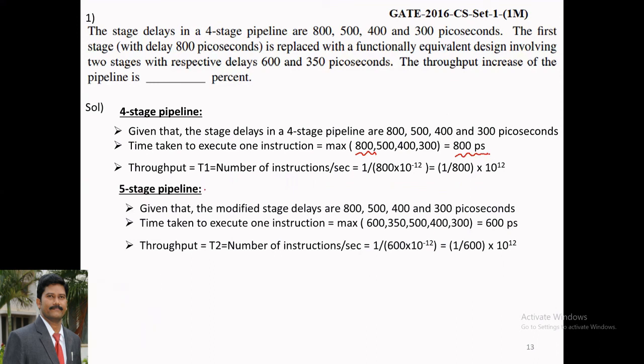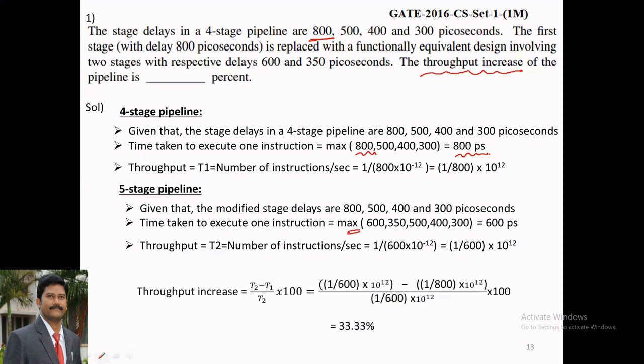If you observe the 5-stage pipeline, because 800 is extended to 2 stages, 600 and 350, the maximum equals 600. So now throughput T2 equals 1 by 600 into 10 power minus 12, that is 1 by 600 into 10 power 12 instructions per second. But he asked about the throughput increase from the previous 4-stage pipeline to the 5-stage pipeline.